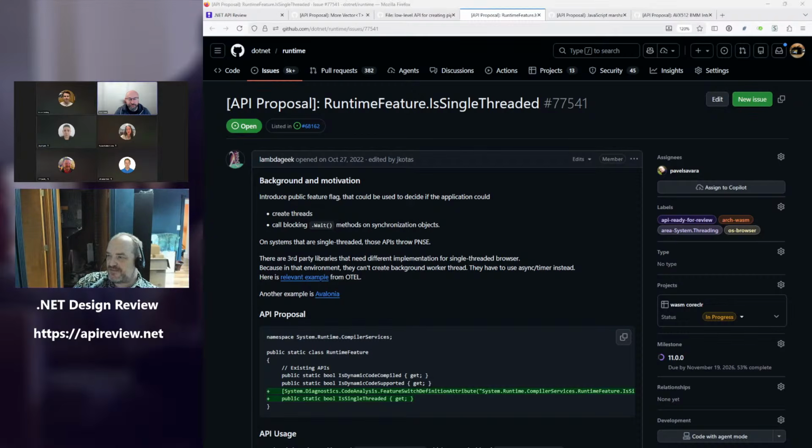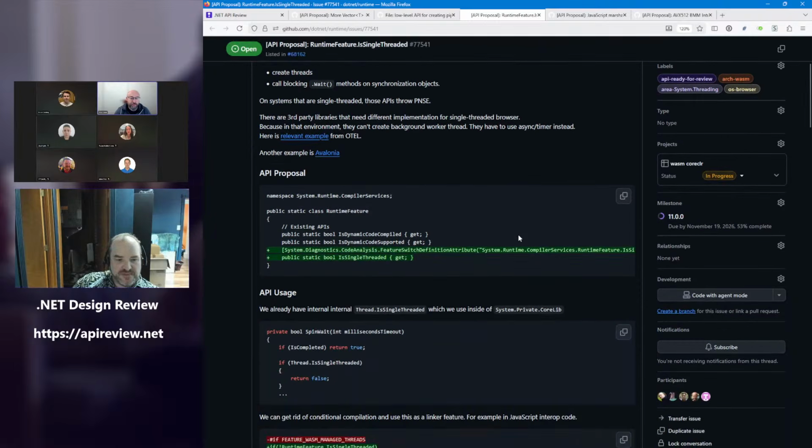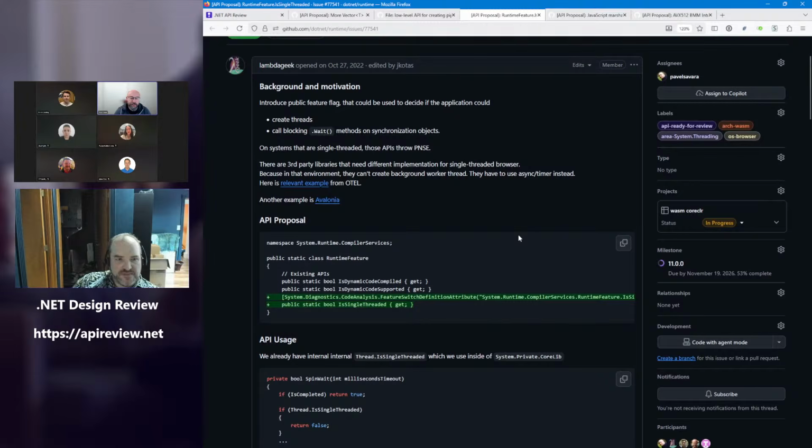Hello, everybody. So this feature is useful on .NET running in the browser, represented, for example, as a Blazor product. And in that environment, we are running on a single thread, in the web page that is single threaded.